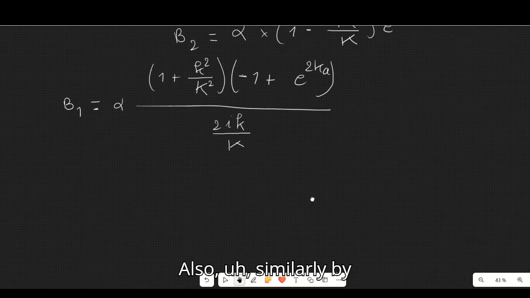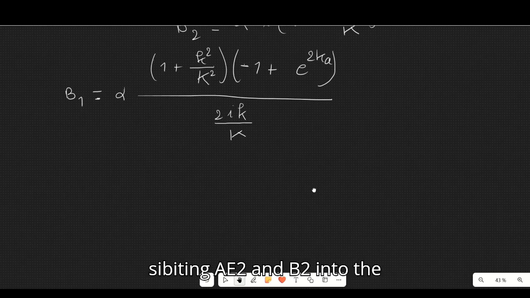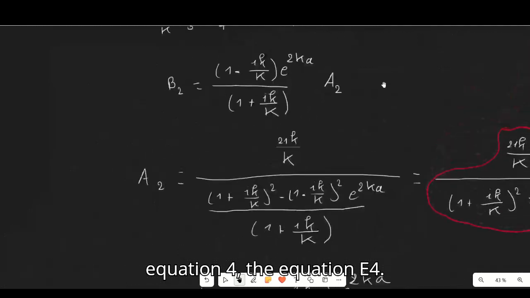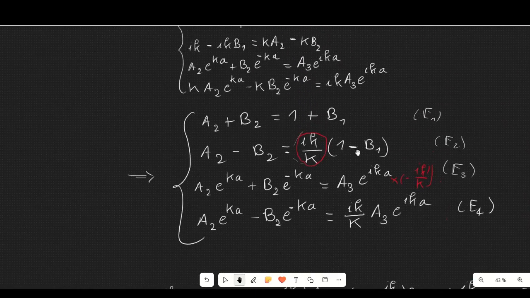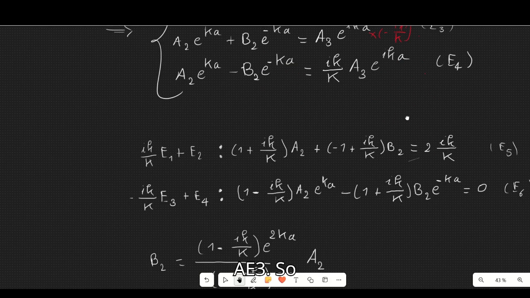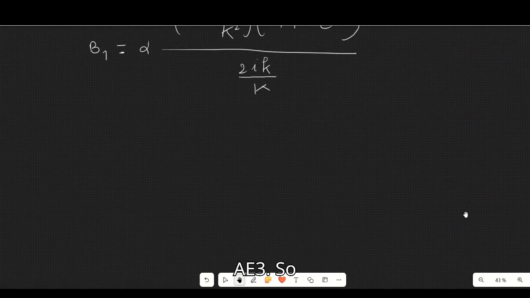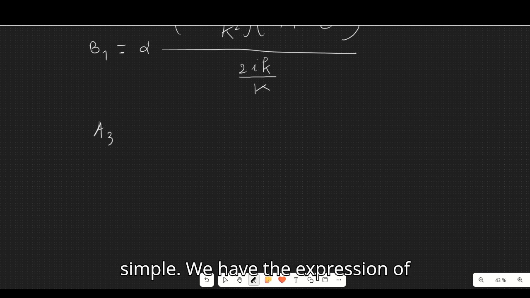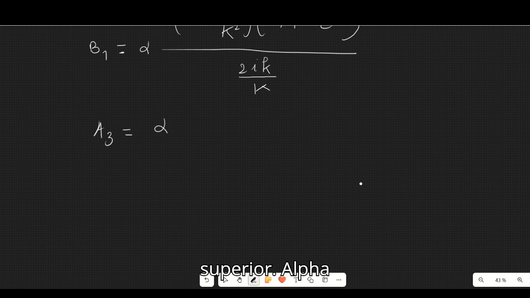Also similarly, by substituting a2 and b2 into the equation E4, we can get a3. We have the expression of a3 more simple. We got a3 equal to alpha exponential of minus ik.